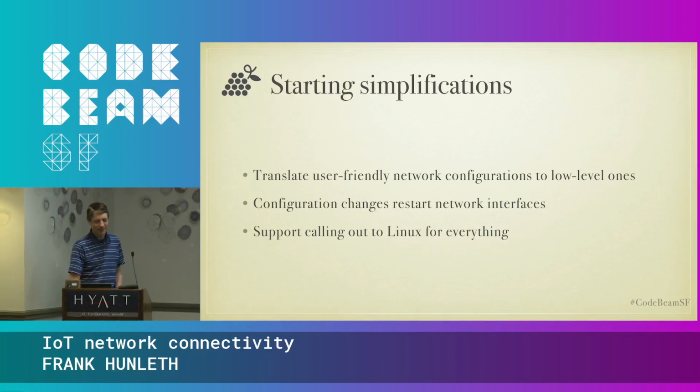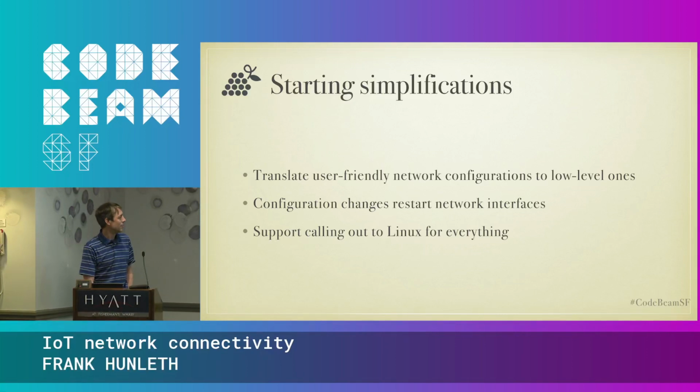All right, and the last one was we can use Linux for everything. So if you have some new network technology, you're not going to have to do a lot of coding in Erlang. Just call the Linux command that runs it. That's a good starting point, and that's how we started implementing this.